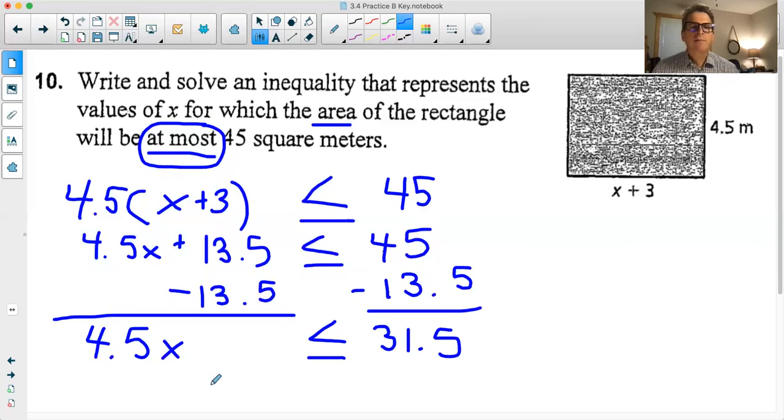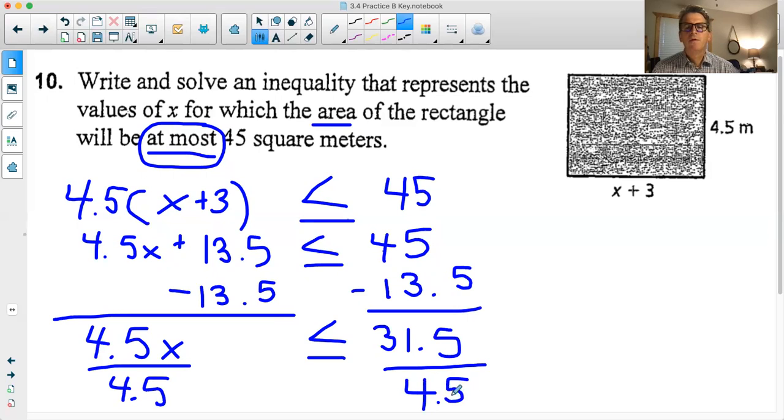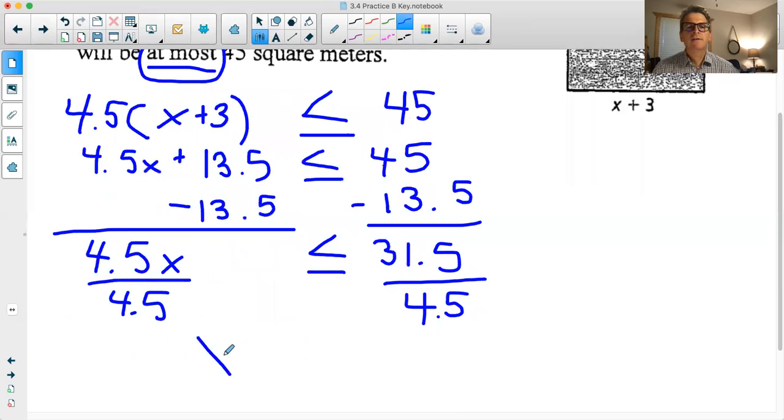And then to divide by 4.5 on both sides of the inequality would put you in the answer of x less than or equal to, I'm going to have to use the calculator for this one, sorry.